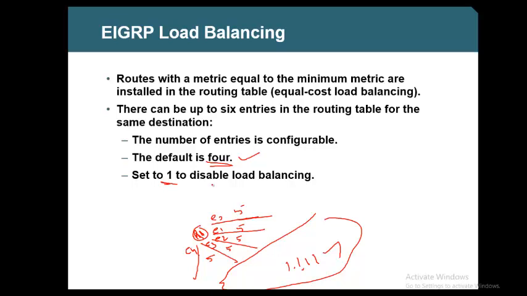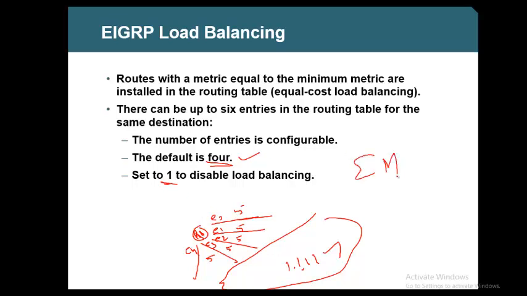Sir, can you have 3 paths and 1 path as a backup path? No. You can have 3 paths, but if all 3 go down... Sir, hello. Yes, welcome. Is equal cost load balancing related to ECMP also, or is that a different concept?